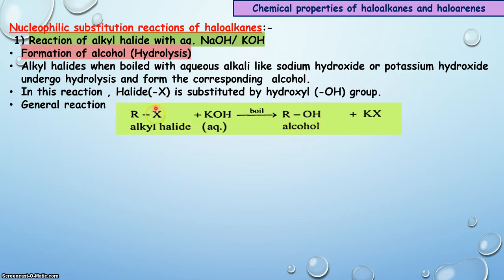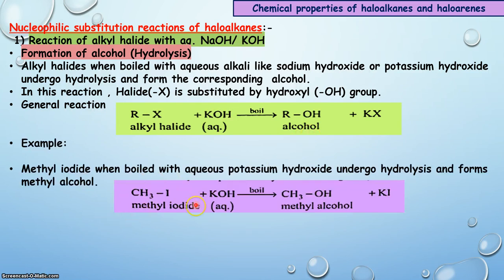In this reaction, the halide ion is substituted by hydroxyl group. The bond between alkyl and halogen will break and a new bond forms between alkyl and hydroxyl group, resulting in the corresponding alcohol.